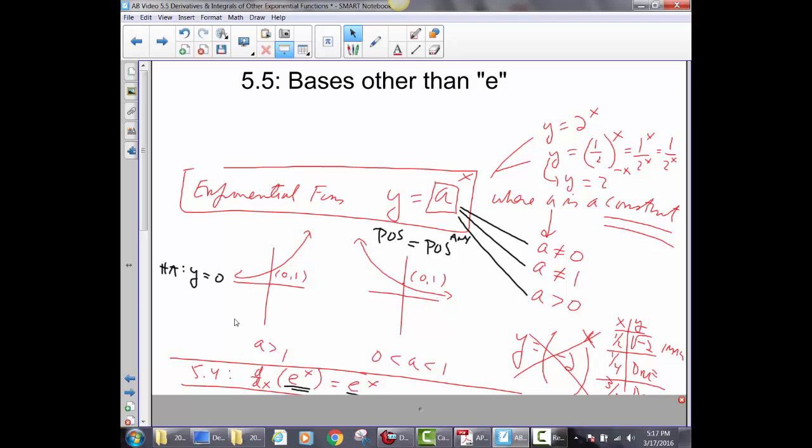Let's say this was y equals 3 to the x. 3 to the 0 is 1, 3 to the 1 is 3, 3 to the 2 is 9, 3 to the negative 1 is 1/3. Whereas over here, a half to the 0 is 1, a half to the 1 is a half, a half squared is a quarter, but a half to the negative 1 is 2, etc.